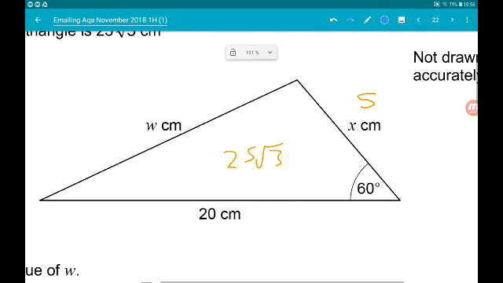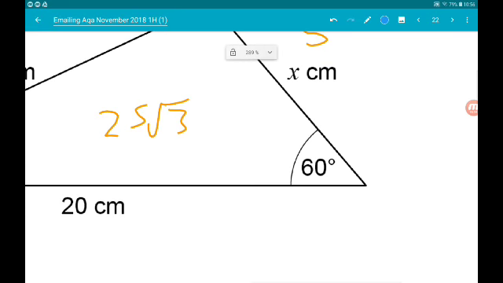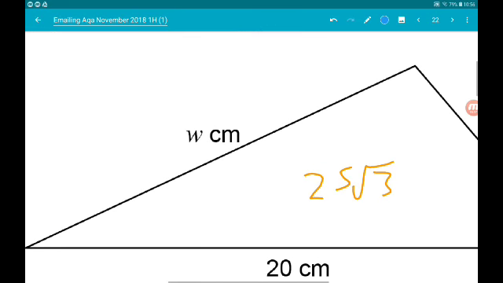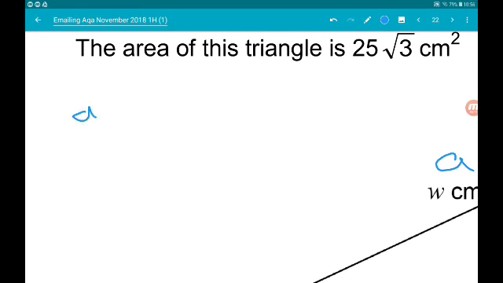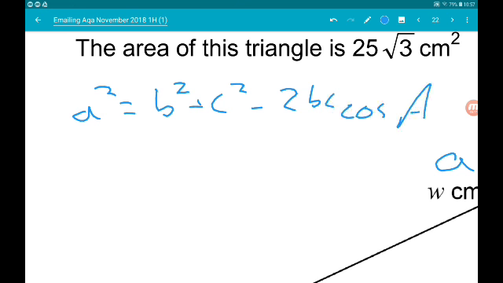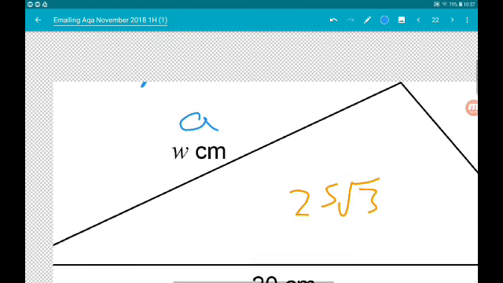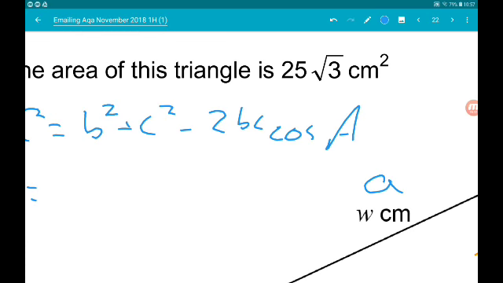Right, cosine rule then, if we call this angle A, and then this is side A, the cosine rule says A squared is B squared add C squared minus 2bc cos of A. So we get A squared is 20 squared and 5 squared. 20 squared is 400. So we get 5 squared is 25.